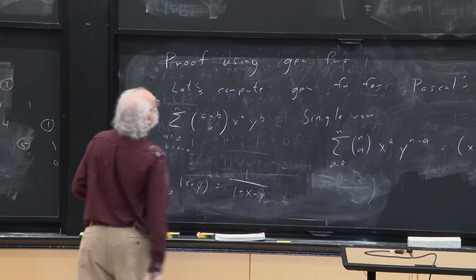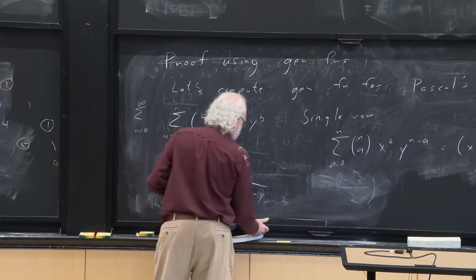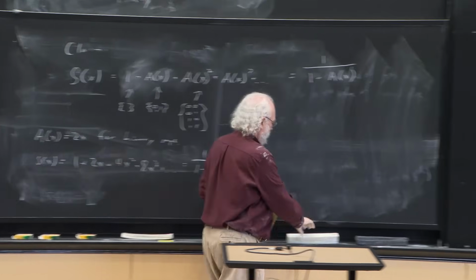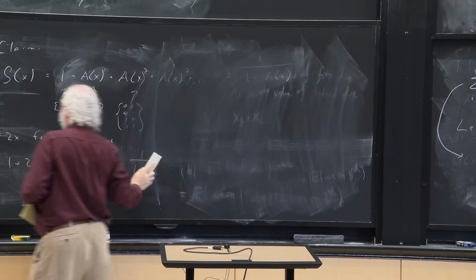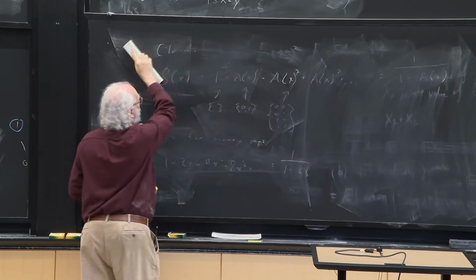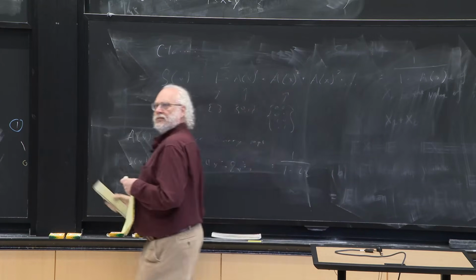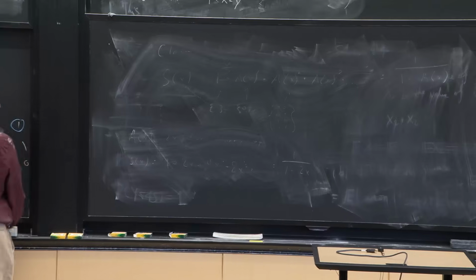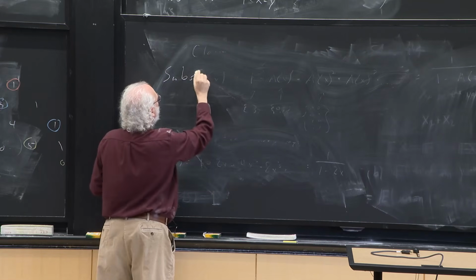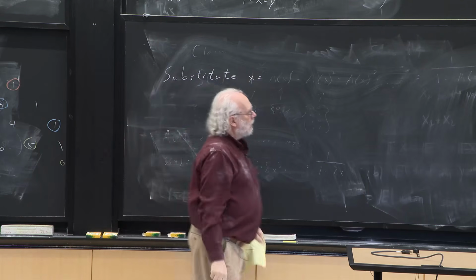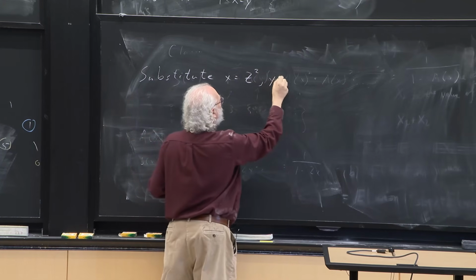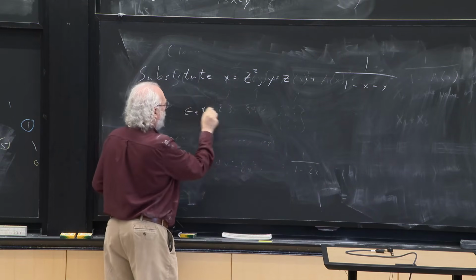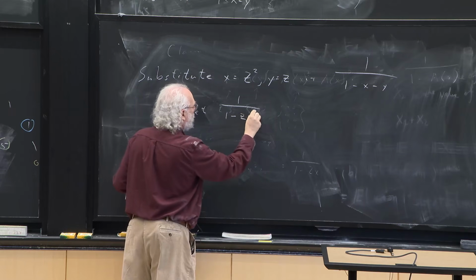It was 1 over 1 minus x minus y. So substitute x equals z squared, y equals z, and you get 1 over 1 minus z minus z squared.